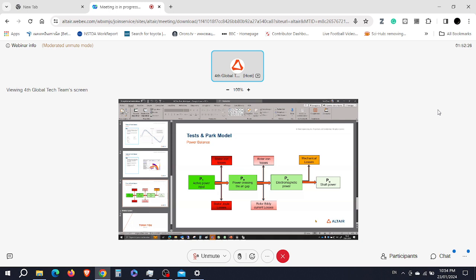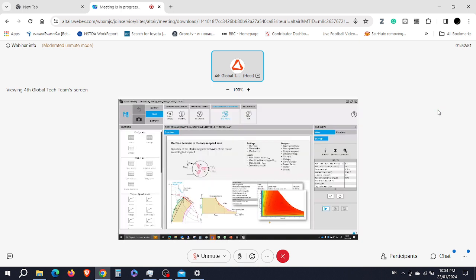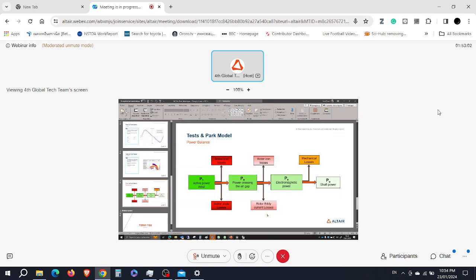So here you can see iron losses on the rotor and eddy current on the rotor. They are only taken into account in accurate mode, not in fast mode, and not in the efficiency map test. Here, when we make the efficiency map test, the efficiency computed does not take into account the rotor iron losses, nor the rotor eddy losses as well.